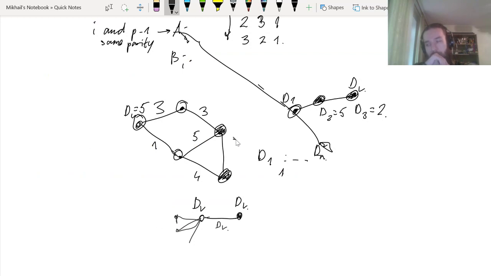Okay, so now we found this edge. Maybe now we can do anything we want. Not really, I don't think so. We found one edge.